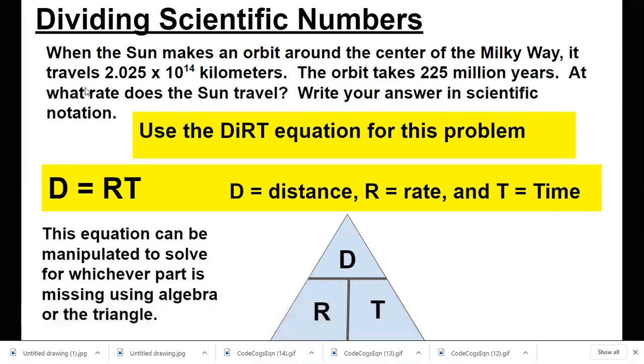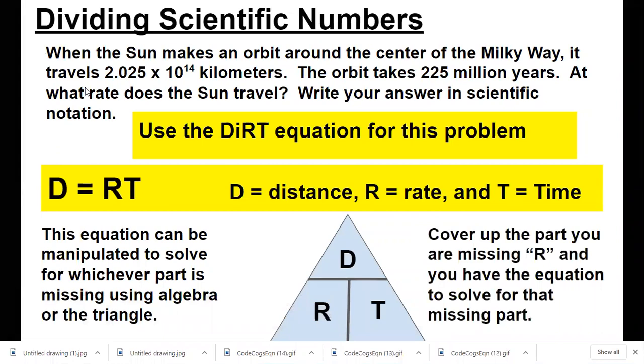Okay, so now we know it's a division problem. We cover up the part we're missing, and in this case it's an R. Sometimes it could be a D or a T, right? And you have the equation to solve for the missing part.